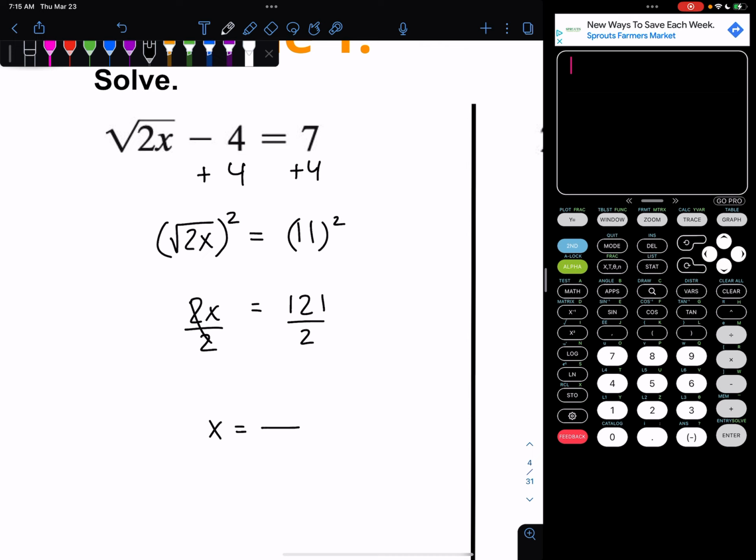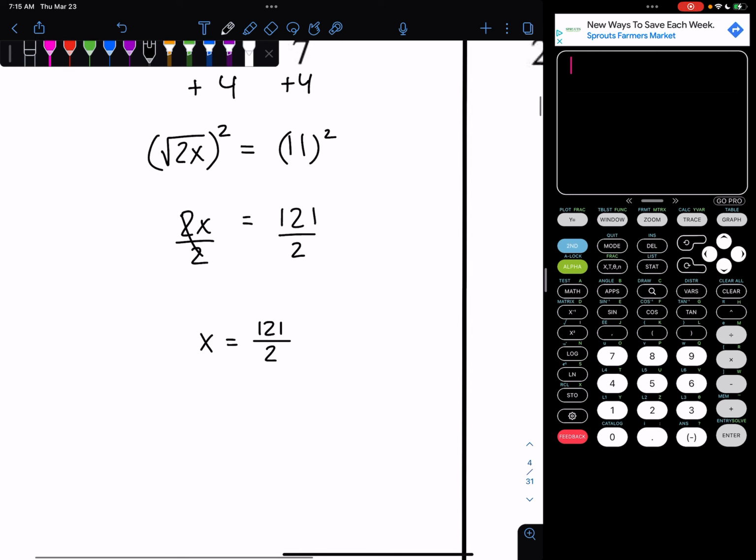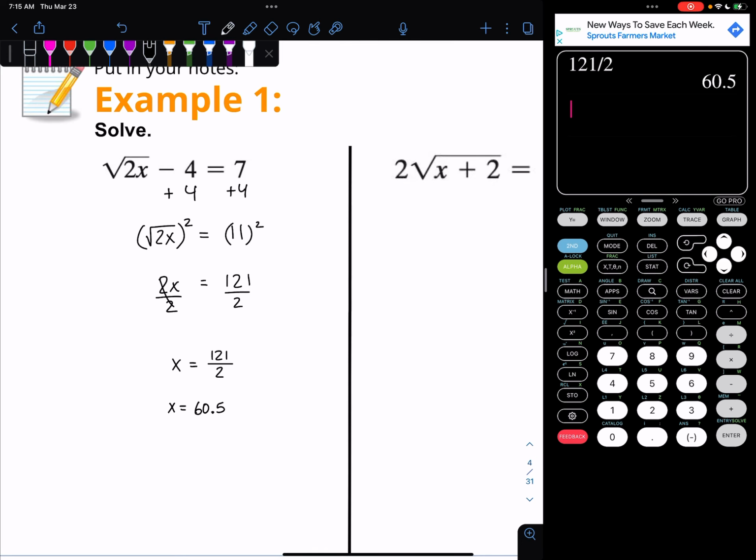X is equal to 121 over 2, which is the same as writing 60.5.